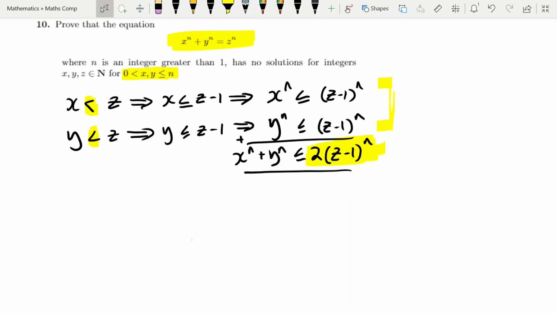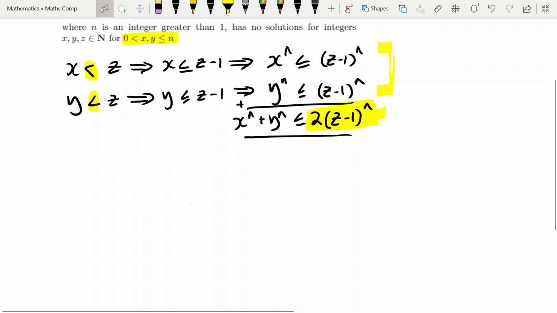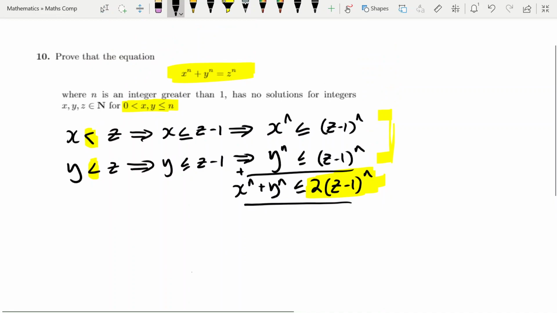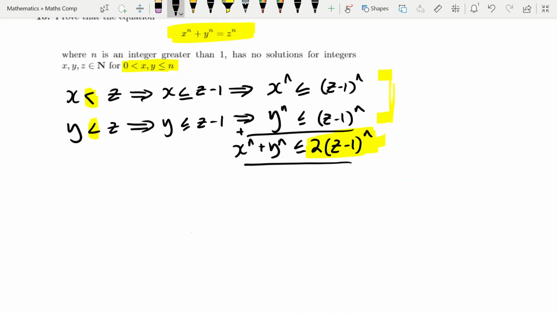Now, we know that we've got this bound here, and it's different from Fermat's, so we need to include this bound somewhere in this equation. So we can suppose that y is less than or equal to x, which is less than or equal to n. We're just assuming x is going to be greater than y. There is no reason why we do this. We're just assuming it for ease. They could be equal, but we're just assuming x is greater than y.